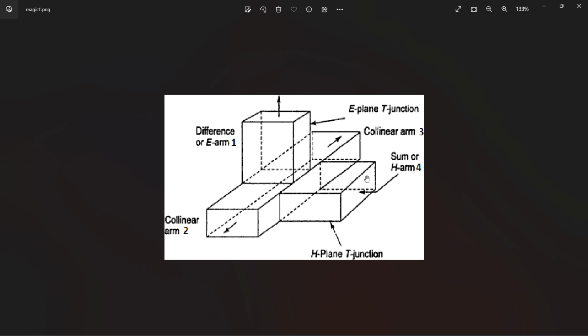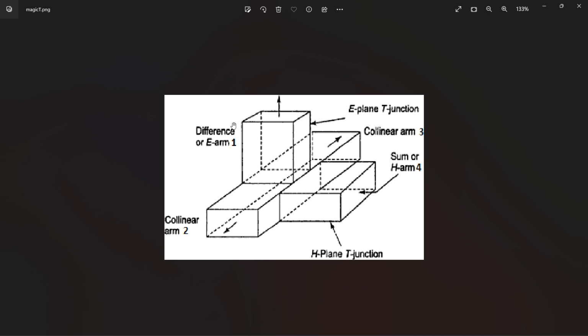If input is given in the H arm, there is no output in the E arm, and as it is a sum arm, equal magnitude and equal phase are received at the collinear arms. Collinear arms means arm one, this main arm is the collinear arm.